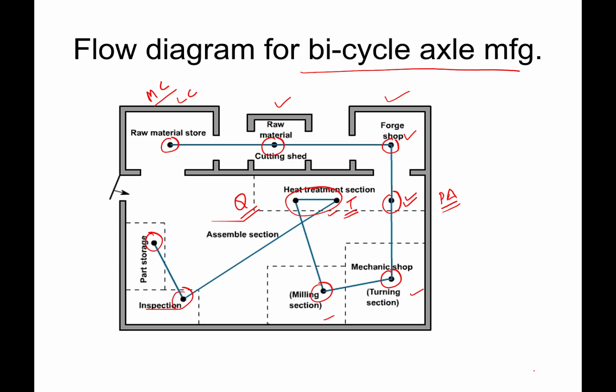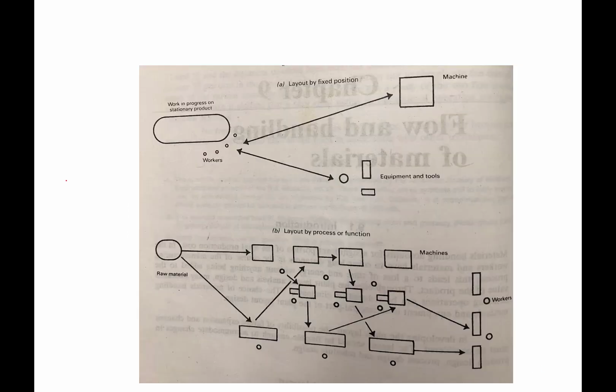Now coming to the next one, as I said, the fixed layout. This is just a scheme of the fixed layout where the main material which is being worked on stays in place, so the machines will be brought in close to it. The workers are working all around this, and machines and equipment are being brought close to the main component on which work is being done in the case of the fixed layout.